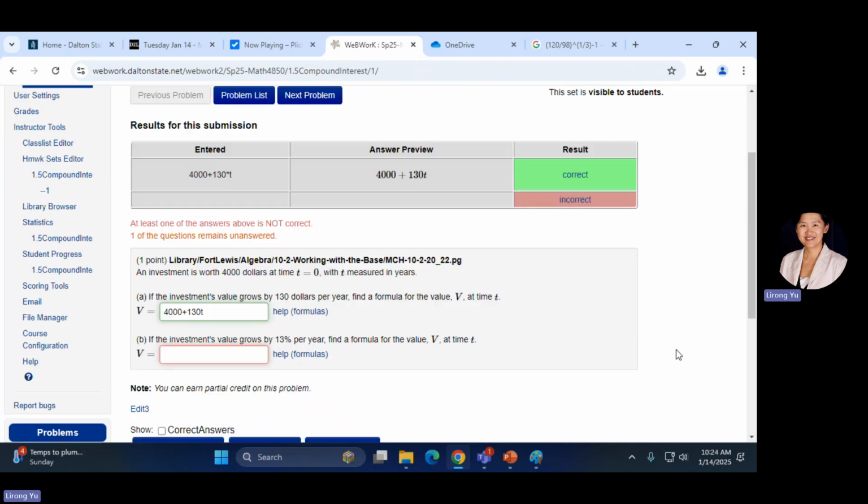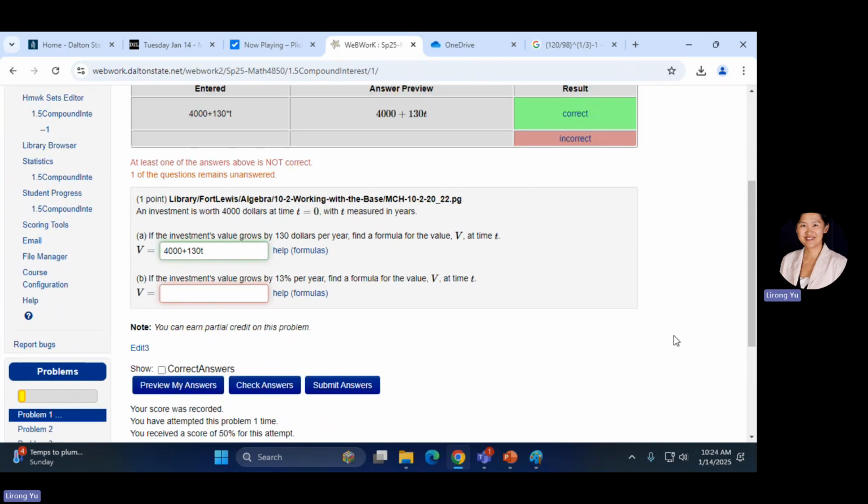And that will be my conclusion for the first question. It didn't provide the interest rate, so I didn't really do the interest rate calculation. Any questions? I mean, $130 per year, so 130 multiplied by the number of years will be how much money is growing out of the 4,000. Okay?